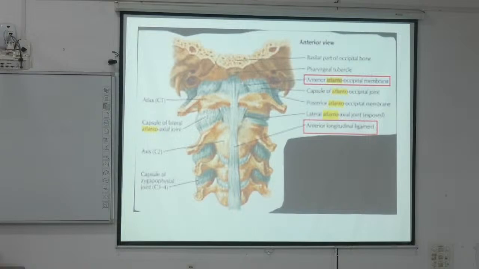We are viewing the joint from the anterior surface. This is the anterior longitudinal ligament and this is the capsular ligament.